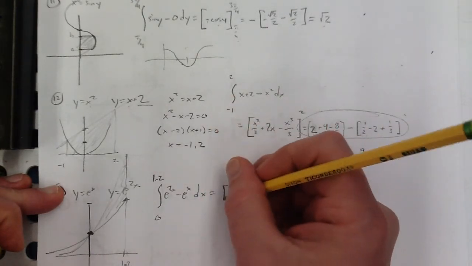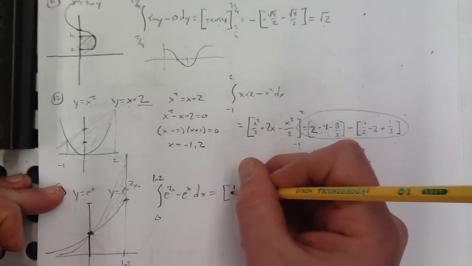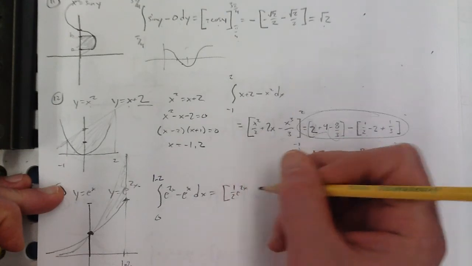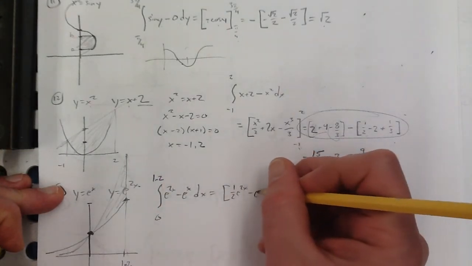And the antiderivative of e to the 2x is 1/2 e to the 2x, because calculus.